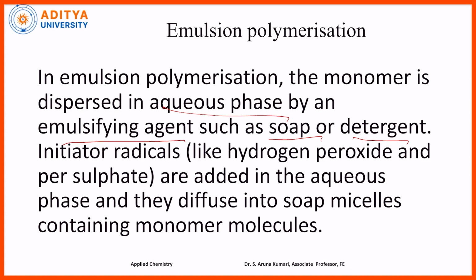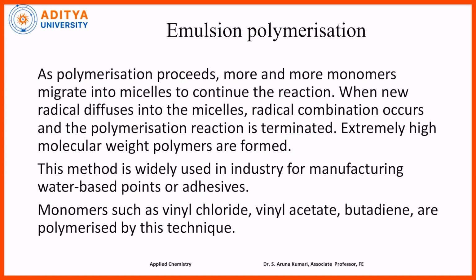These are added in aqueous phase and they diffuse into soap micelles, which contain the monomer molecules. As this polymerization proceeds, more and more monomers migrate into micelles to continue the reaction. When a new radical diffuses into the micelles, radical combination occurs and the polymerization reaction is terminated.